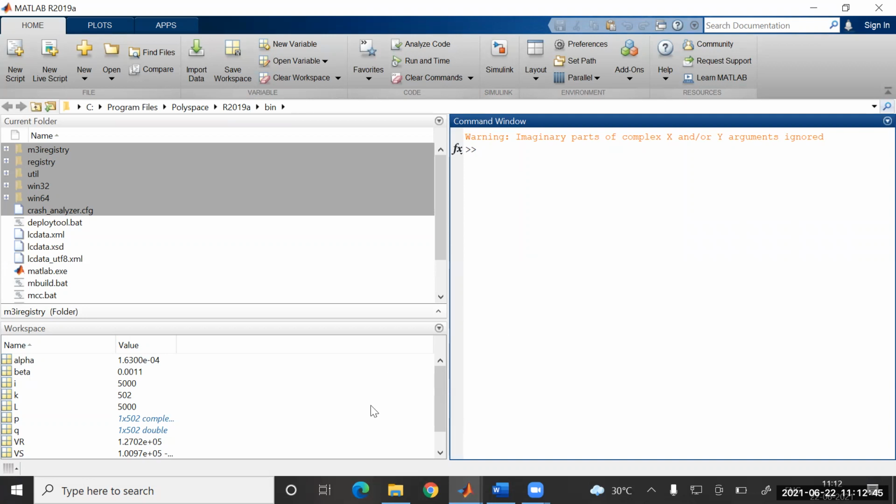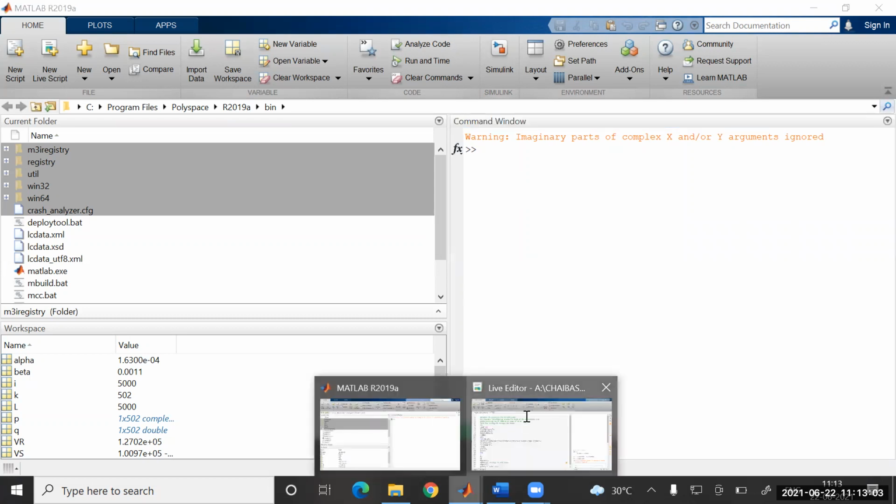So this was all about the experiment, that is the one experiment, the Ferranti effect. We'll look forward to more upcoming labs.